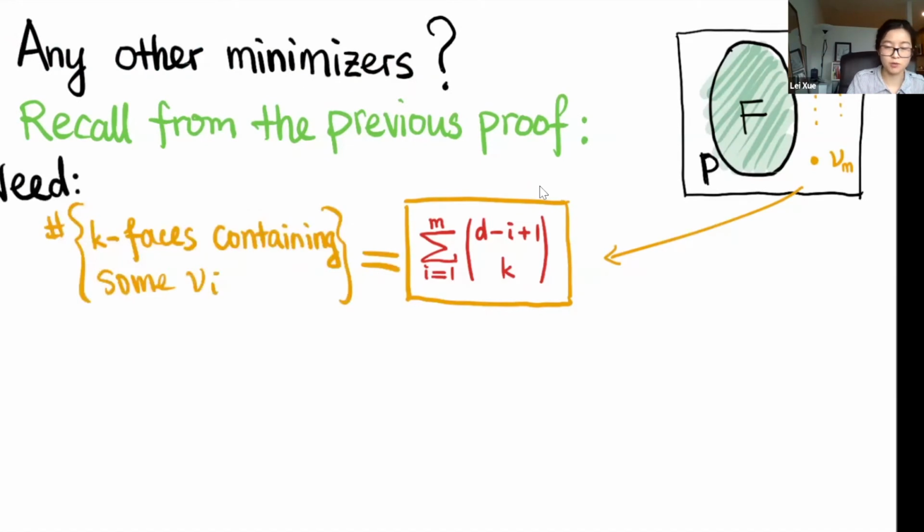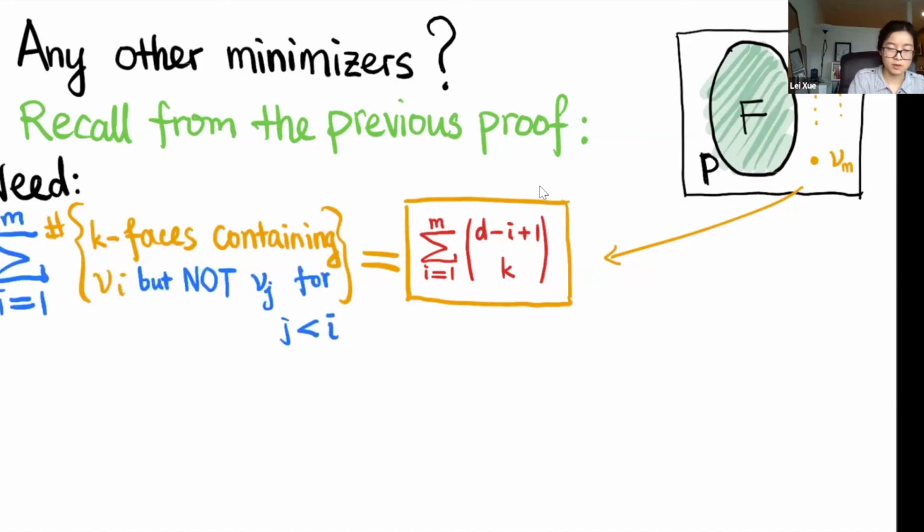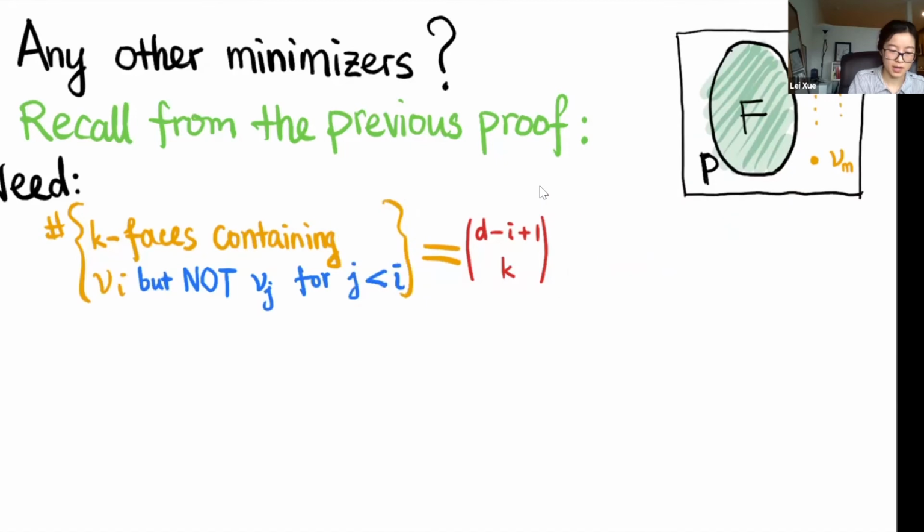So we go back, and remember, this is what we need: we need this summation on the right-hand side to be exactly the number of k-faces containing some v_i. And this is how we counted the left-hand side in the proof of the key proposition. We actually need the equality to hold for every summand. Okay, so this is what we need to show.